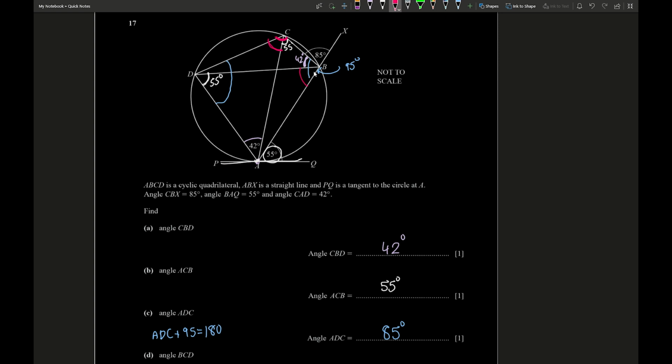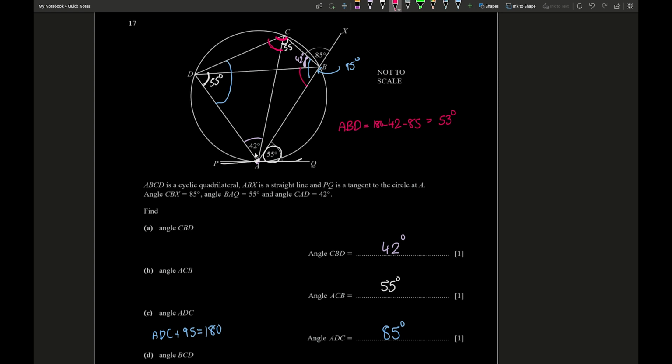And thankfully, we can calculate ABD by subtracting 42 and 85 from 180 degrees because this is a straight line. So let me just write down ABD is equal to 180 minus 42 minus 85, which is 53 degrees.